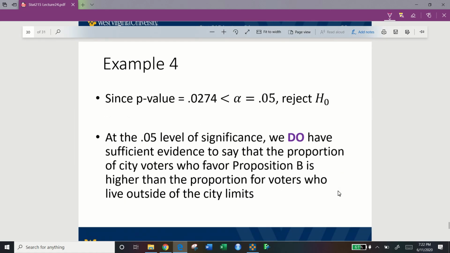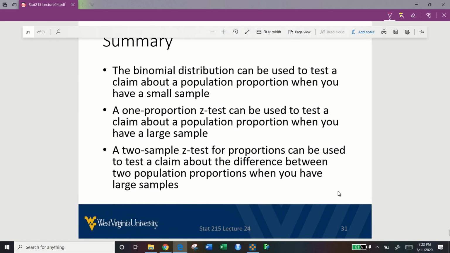Since our p-value is 0.0274, which is less than alpha, we can reject our null hypothesis. This will lead us to the conclusion, at the 5% significance level, we do have sufficient evidence to say that the proportion of city voters who favor Proposition B is higher than the proportion for voters who live outside the city limits.